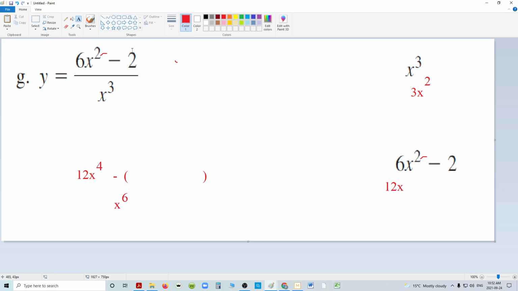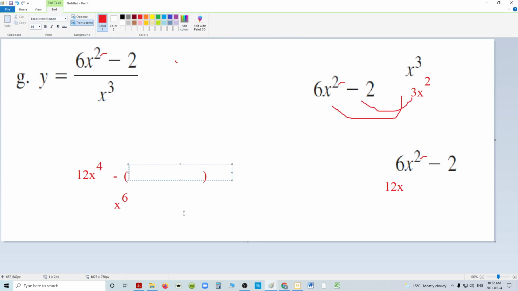So that's going to be the second function times 3x squared. So I get 18x cubed minus 6x squared. So I got 18x to the 4 minus 6x squared.